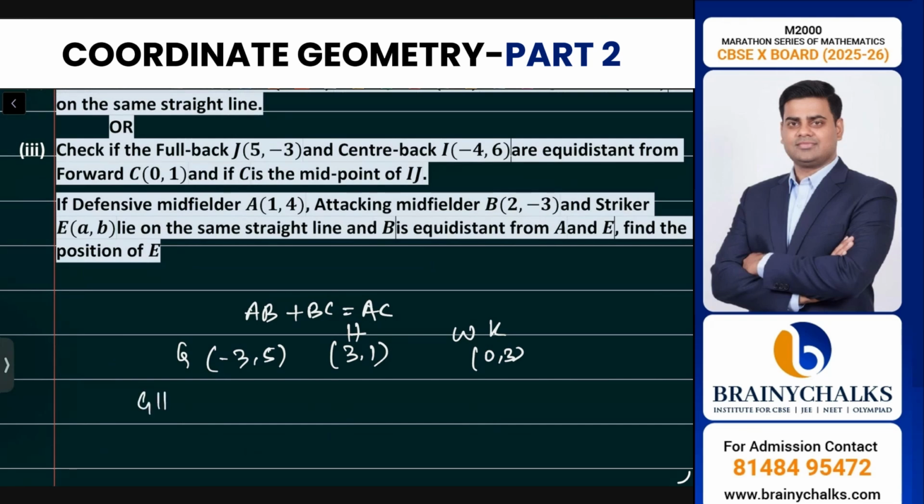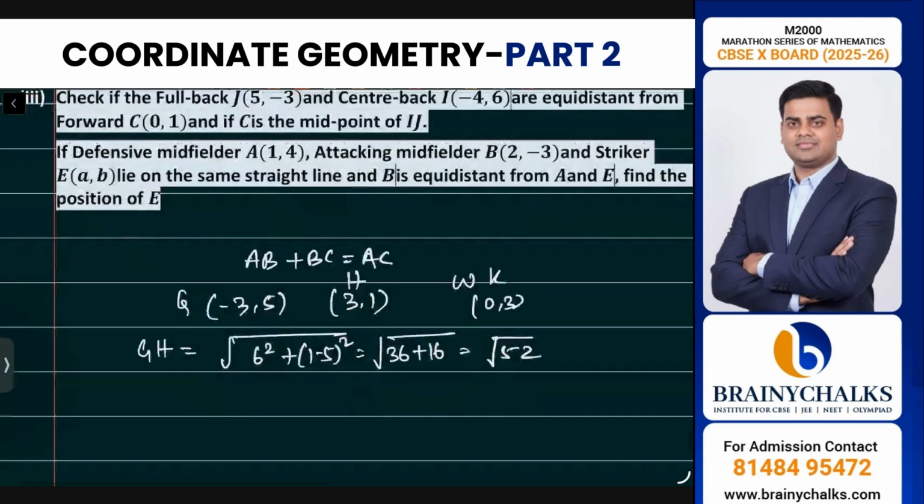So take GH. What comes? 3 minus of minus 3, that is 6 squared, plus 1 minus 5 the whole squared. So root under 36 plus 16, root under 52. HK, how much comes? Root under (0 minus 3) squared plus (3 minus 1) squared, so root under 9 plus 4, that is root 13.